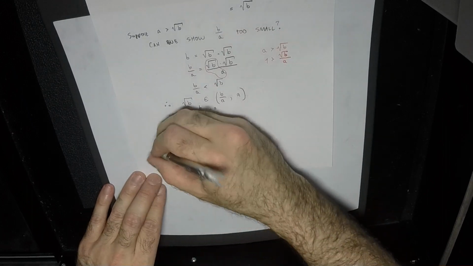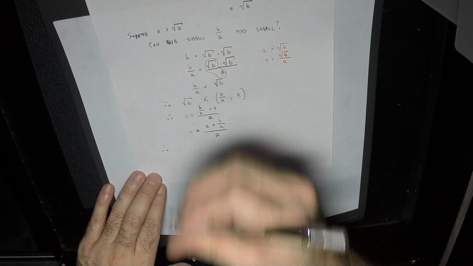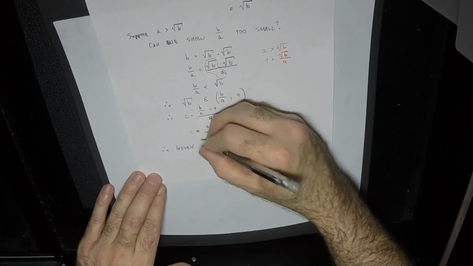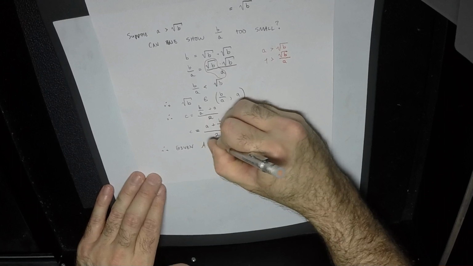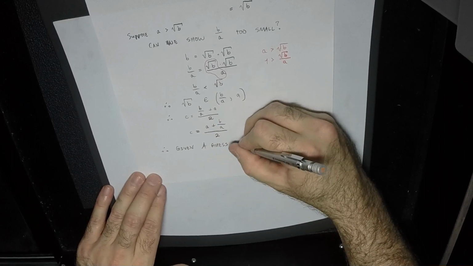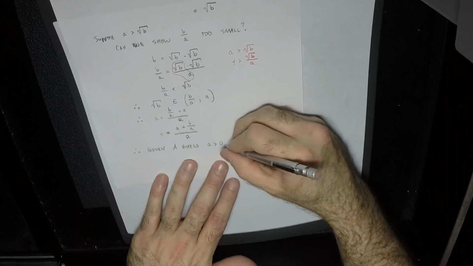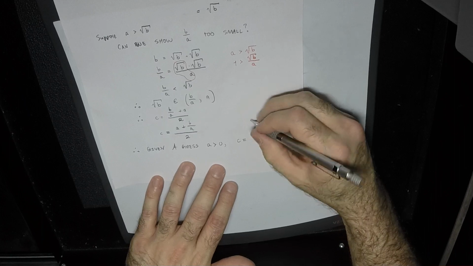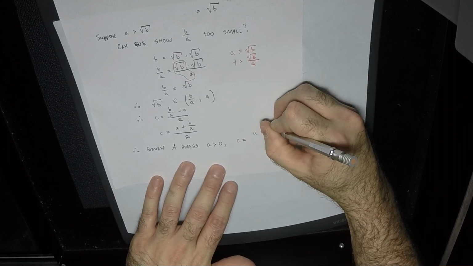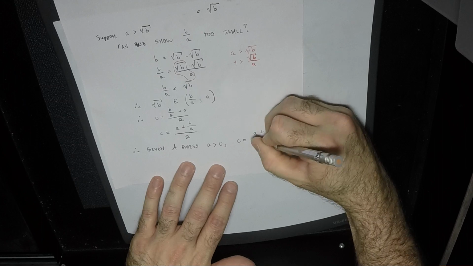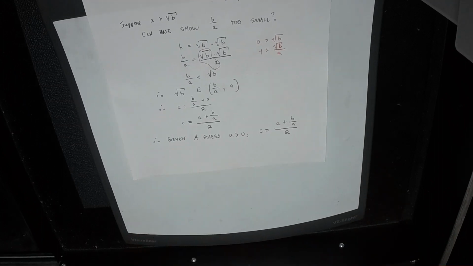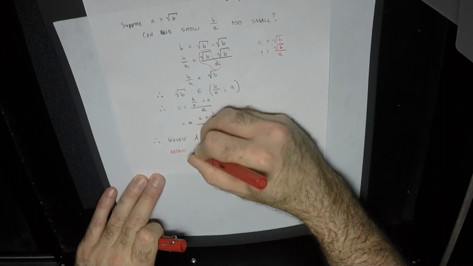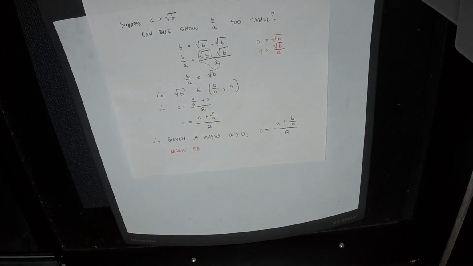So what I want you to see from this is that therefore, given a guess, A, which must be positive, C equal to A plus B over A over 2, I'm going to write in red, might be a better guess.